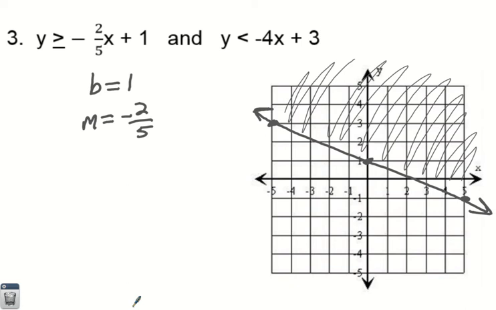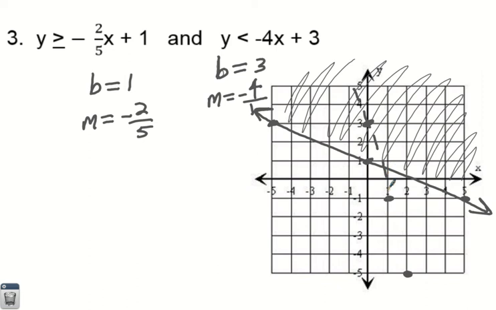And the other one, looks like my b value is 3, and my m value is -4, which I need to turn into a fraction. So down 4, right 1. And this is going to be dashed.